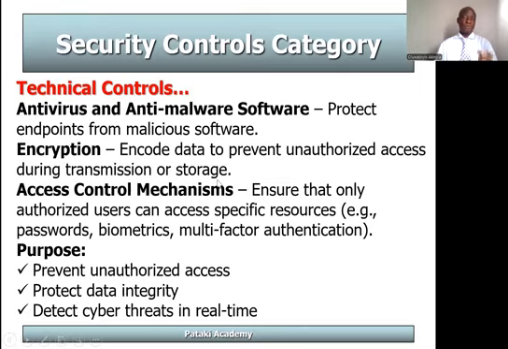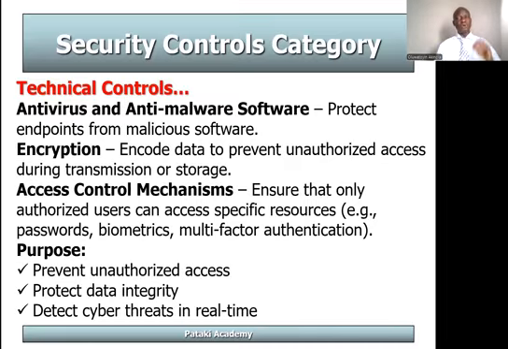The technical control continues. We have antivirus and anti-spyware software. This protects endpoints from malicious software. Encryption encodes data to prevent unauthorized access during transmission or storage. Access control mechanism.